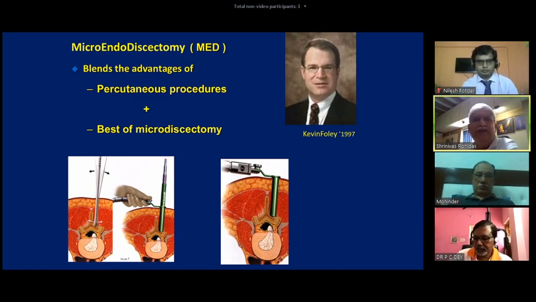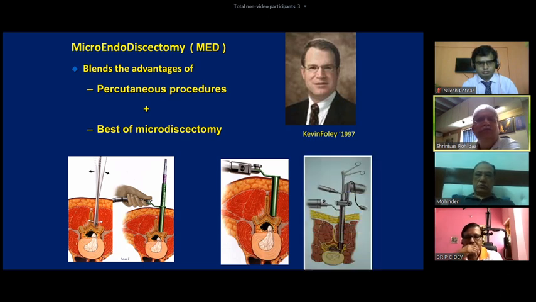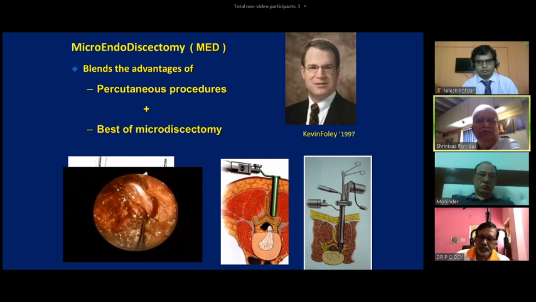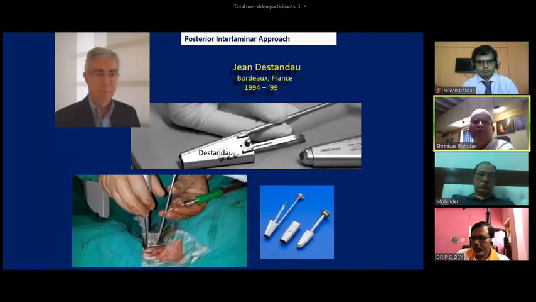He used a fixed tubular retractor. Second is Dr. Destandau. He used a tubular retractor which is mobile. He started this in 1993. This is the mobile tubular retractor.